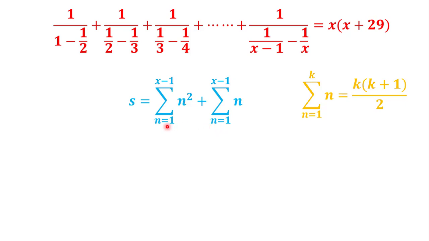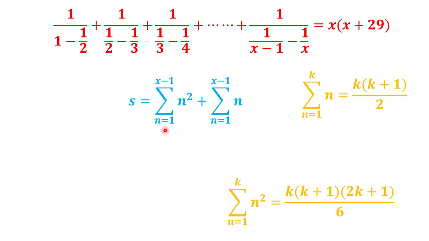Also, there is a formula for the sum of squares of k natural numbers. Sigma n squared, n goes from 1 to k, is equal to k times k plus 1 times 2 times k plus 1 over 6, and we have x minus 1 squared natural numbers.